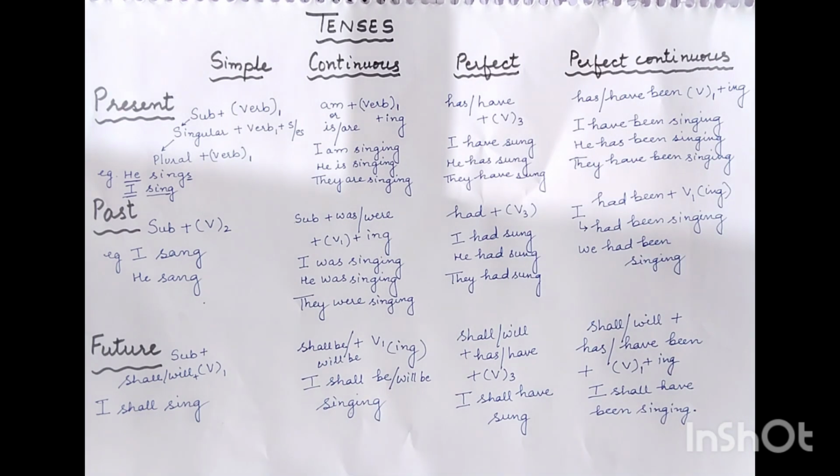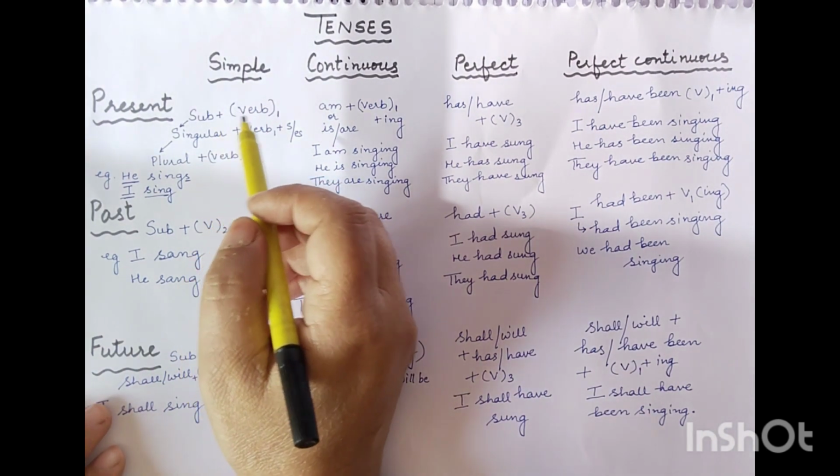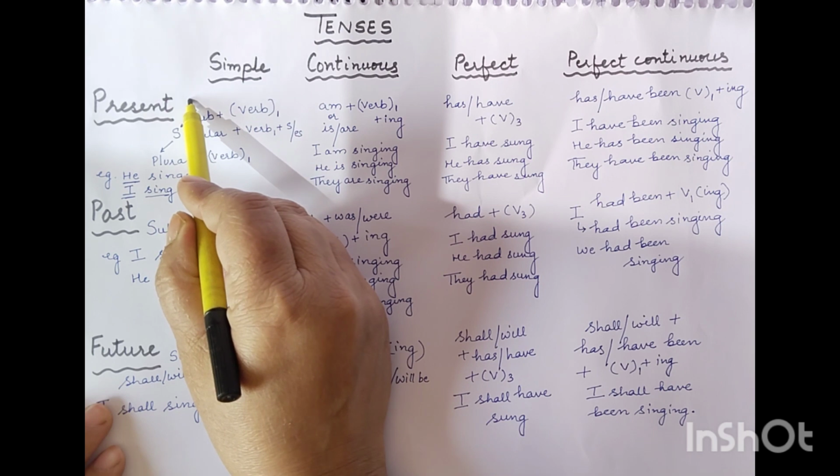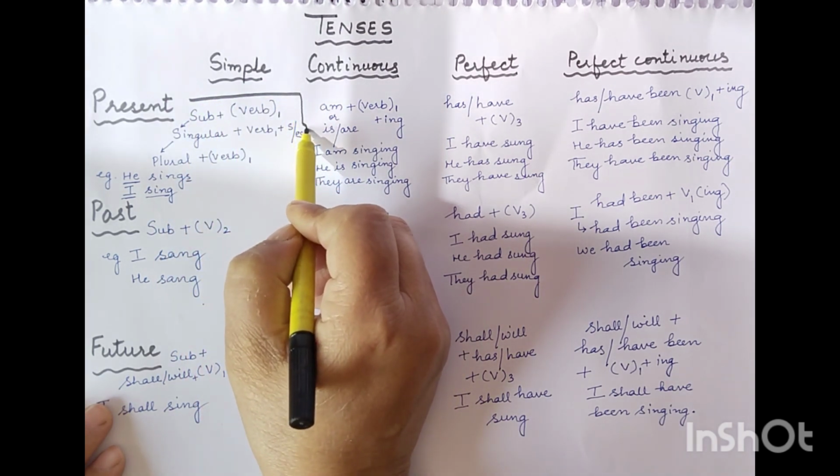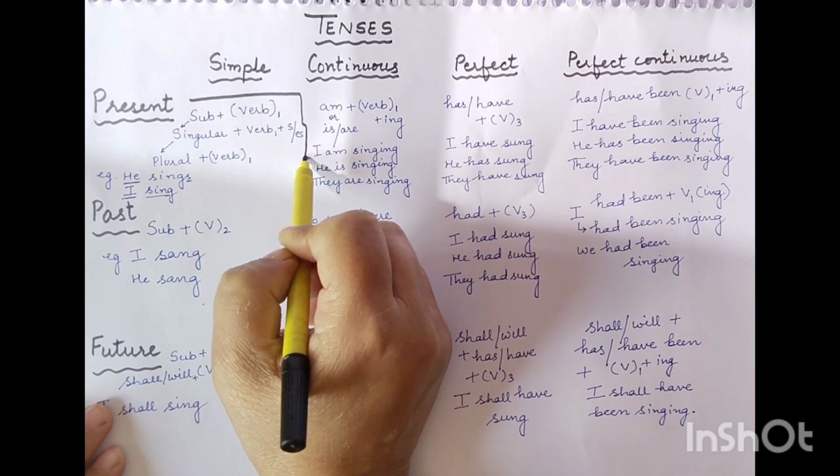Now take a black sketch pen, and for your easiness, for distinguishing examples and formulas, we keep the formulas in learning boxes.